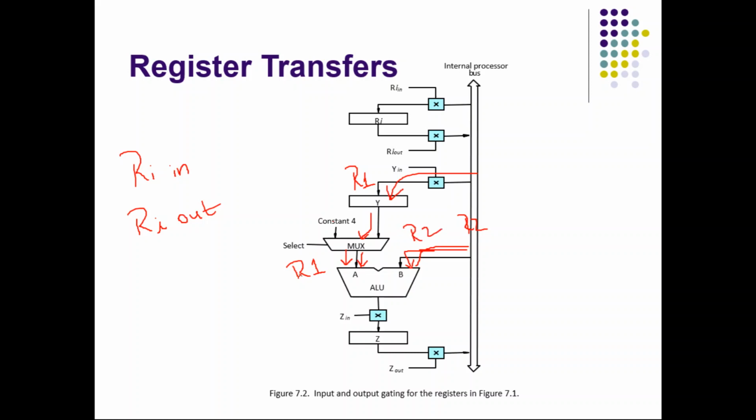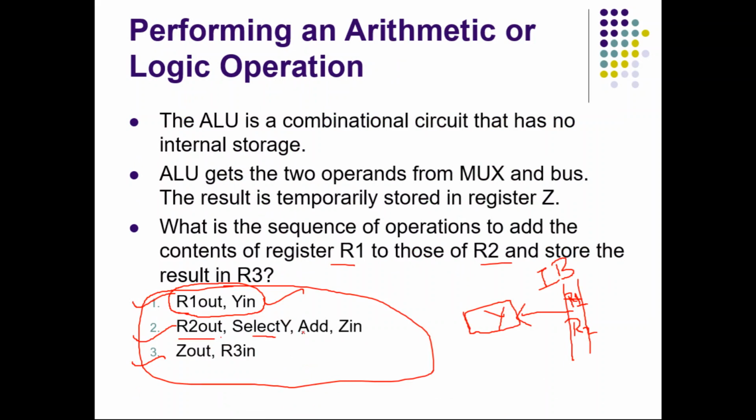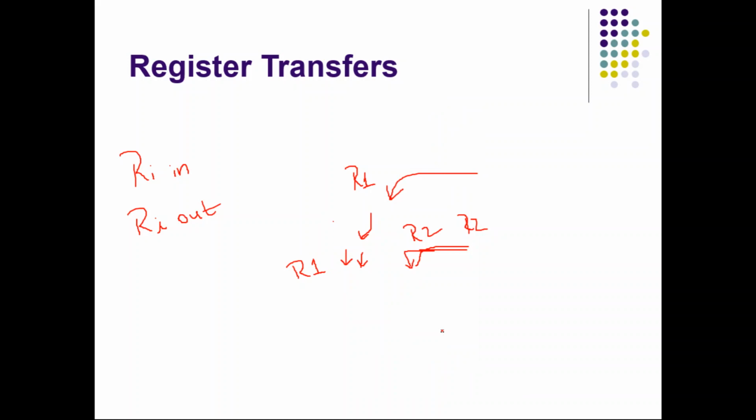So both are available. Now add is also given, right? So as per the instruction, the next is add. When you say add, R1 and R2 will be added. And the result, where will it go? Z in is activated. So if Z in is activated, that result will go into Z.